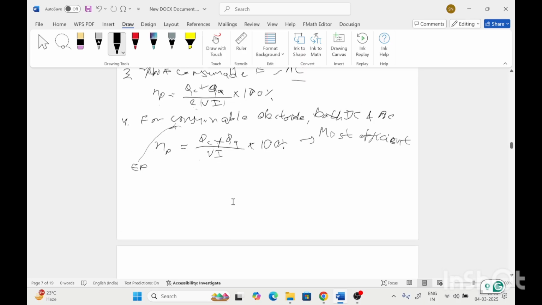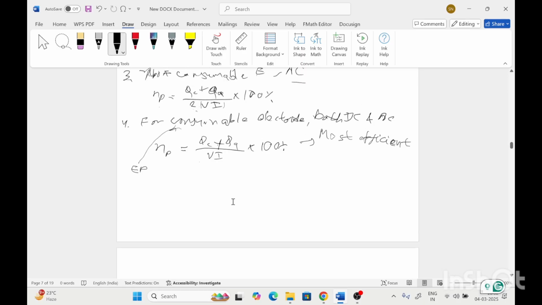So if we talk about the heat efficiency for different processes: for gas tungsten arc welding, DCEN, it is 50 to 80%.